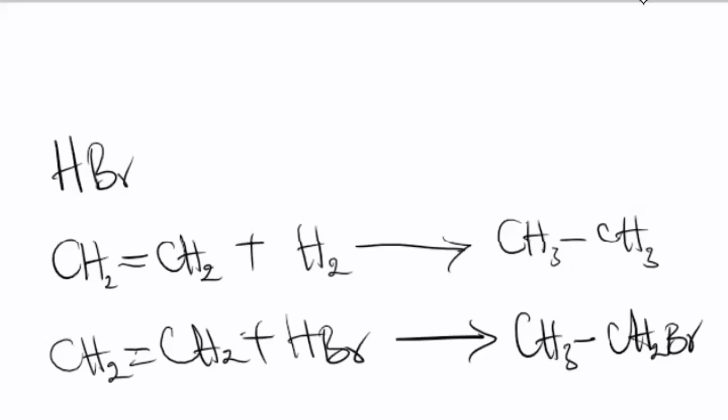So the reaction occurs in two steps. First, the electrophile adds to the alkene double bond to yield a carbocation intermediate, which then reacts to yield the addition products.